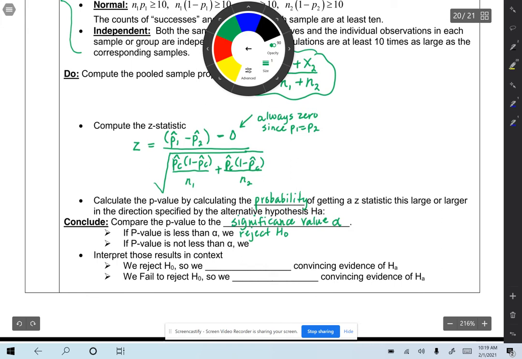If the p-value is not less than alpha, we fail to reject the null hypothesis. So those are your only options. Interpret those results in context. So if we reject the null hypothesis, we will be favoring the alternative hypothesis. So we have convincing evidence of the alternative. If we fail to reject the null hypothesis, we do not have convincing evidence of the alternative hypothesis.